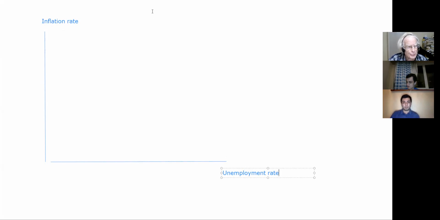A negative relationship, if we're using logs in these cases. This is called the Phillips curve.